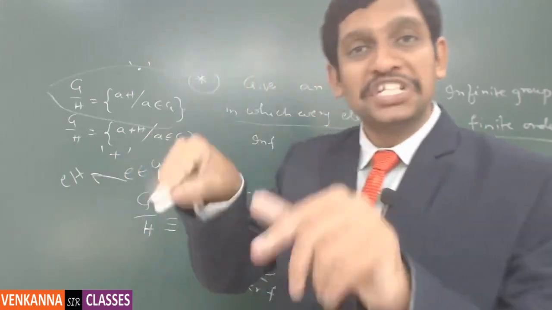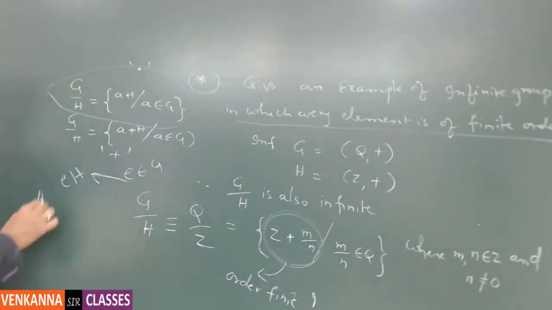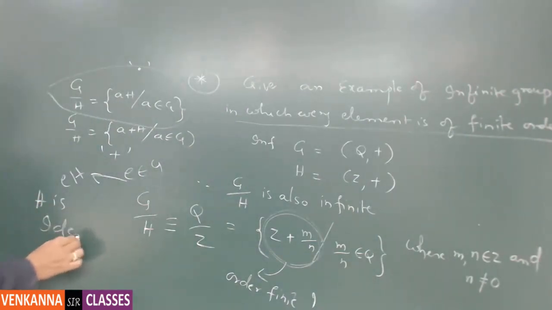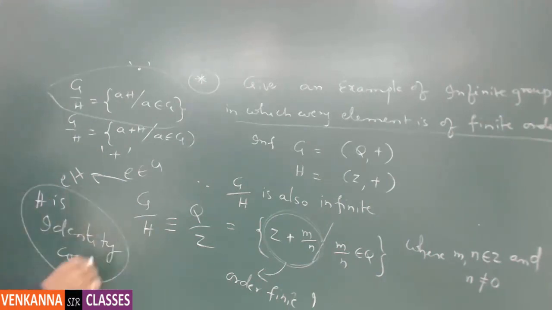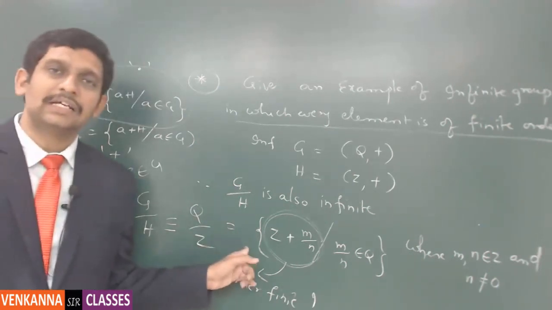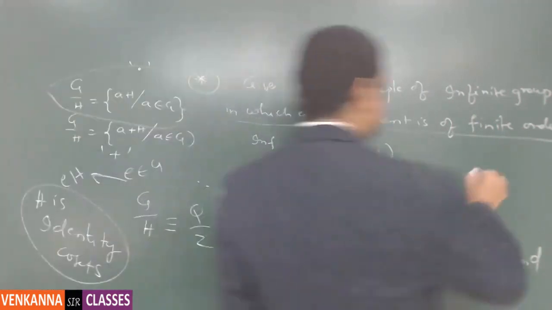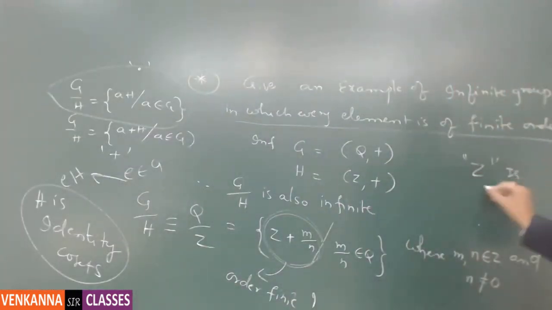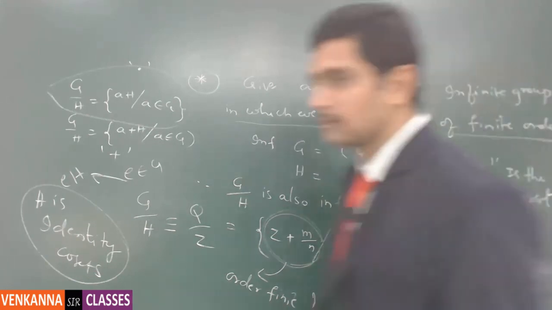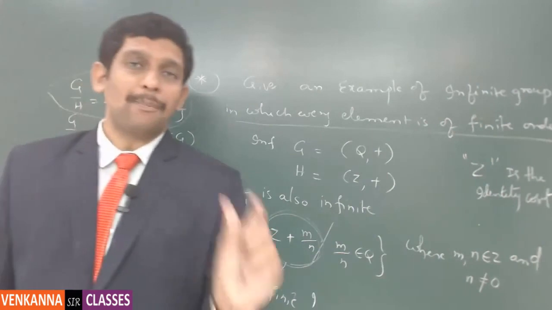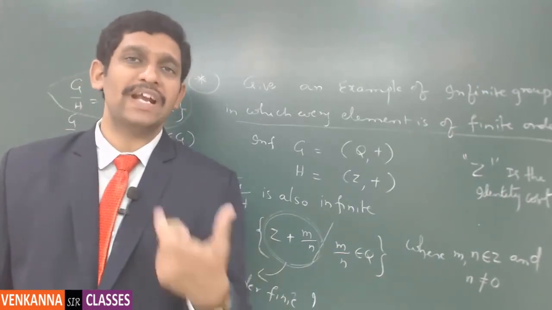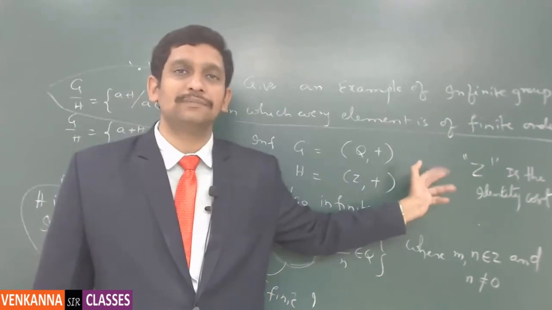So H is the identity in cosets. So here the identity is nothing but Z. So after applying the operation plus for a finite number of times, I should get Z. That is the thing.